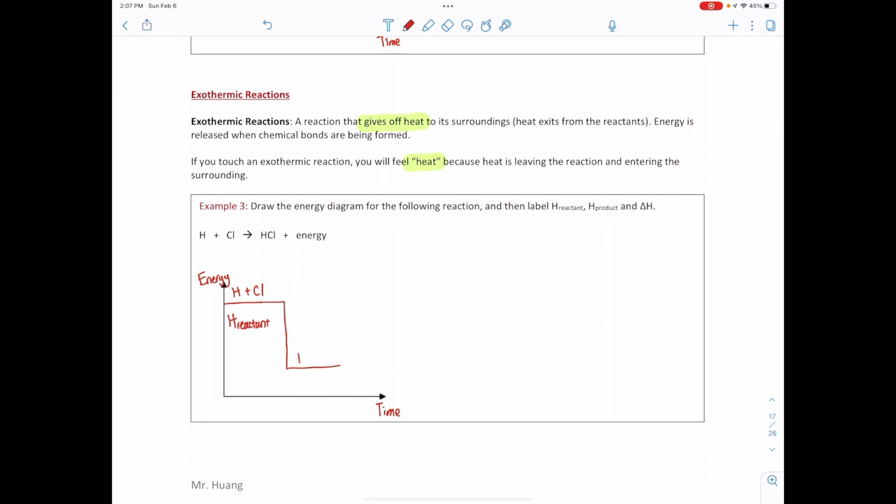At the end, I have my product, HCl, and it has a lower energy than that of the reactants. So the H product, or the enthalpy of the products, is a lot lower. This change in energy is going to be negative because energy is being released.